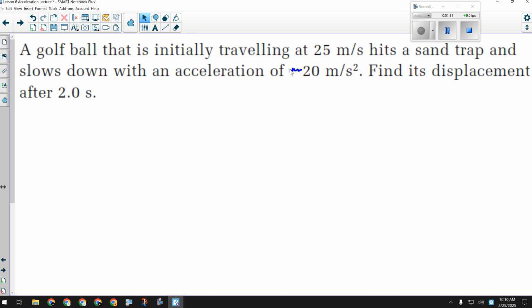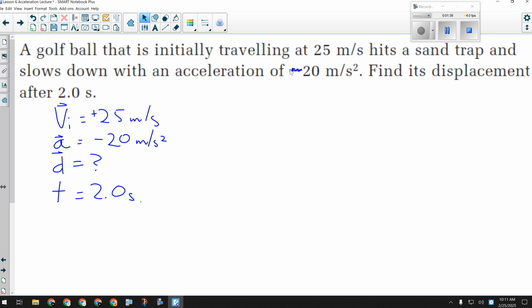So we're trying to find its displacement after 2 seconds. Our givens in this question are the initial velocity, positive 25 meters per second, the acceleration, negative 20 meters per second squared, and we're looking for displacement, and we're given time.